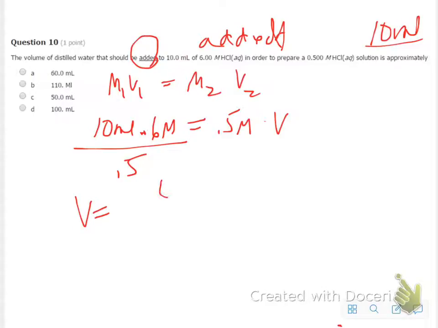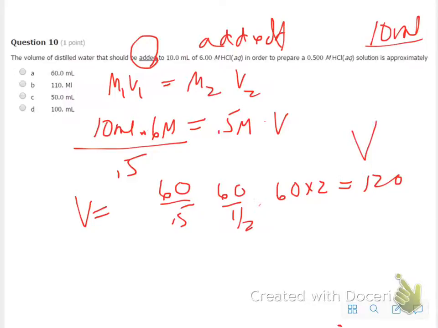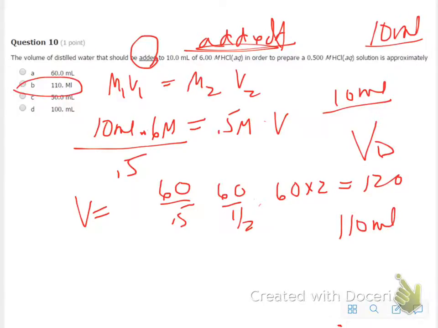So this gives me 60 over 0.5, which is 60 over 1/2, which is 60 times 2, which is 120. So that is the volume of my dilute solution total, but it says how much do I have to add? So if I'm starting with 10 milliliters already in there, I only add 110 milliliters more. So the answer is B.